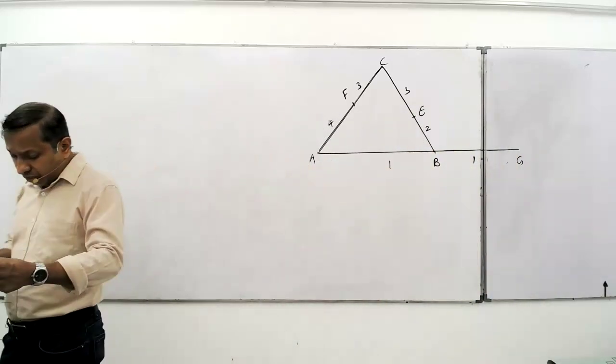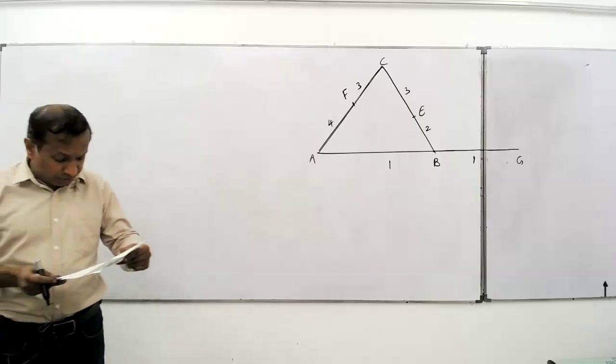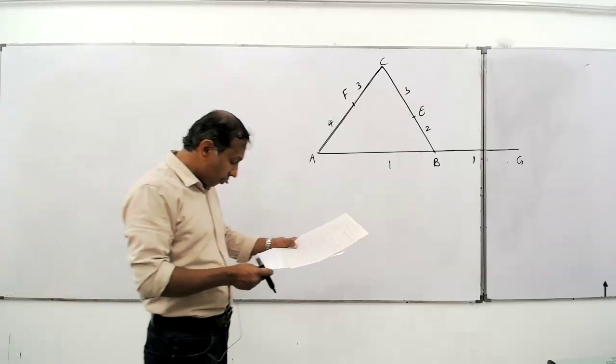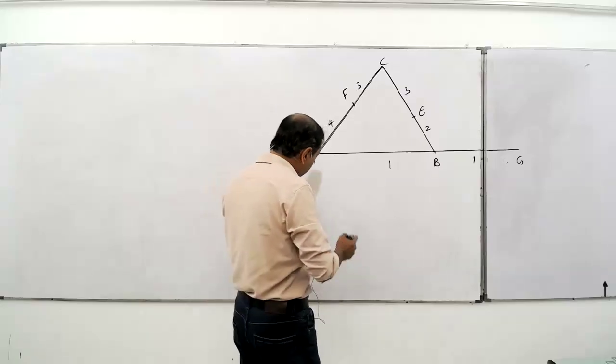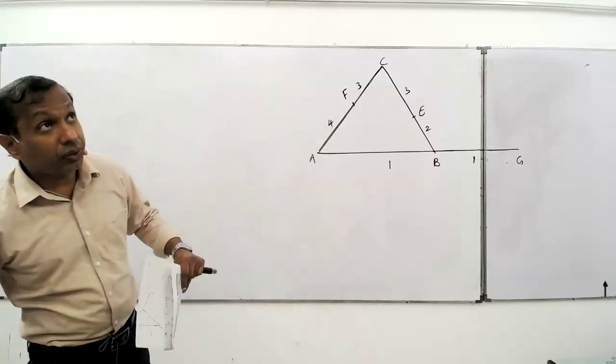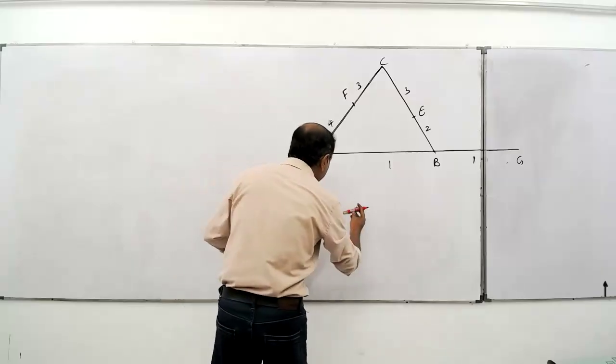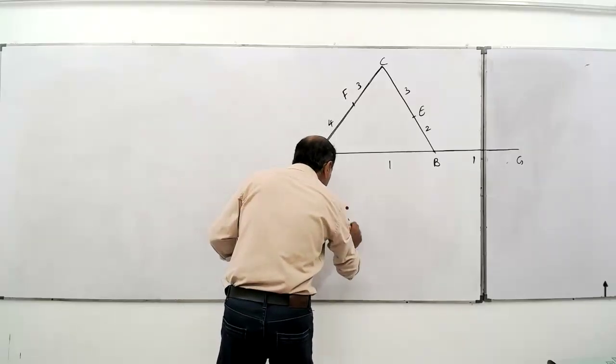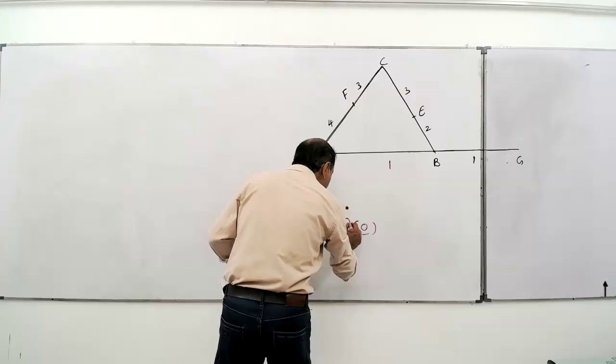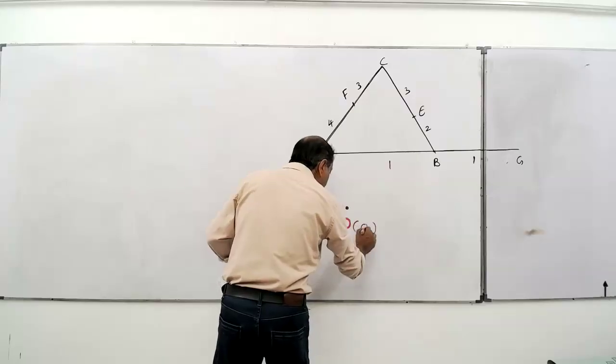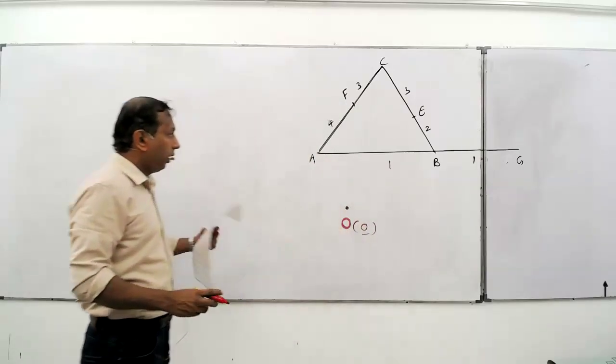So the question is about vectors of the points A, B, C from the position vector perspective. I take the vector origin O here. We can take O at any point on the plane.